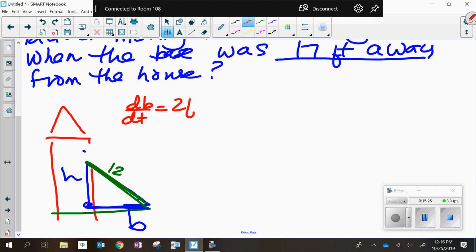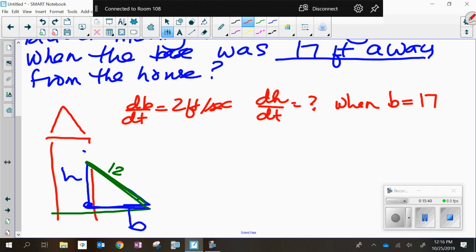And dh/dt when b equals 17. Okay. So what's my relationship between h, b, and 12?